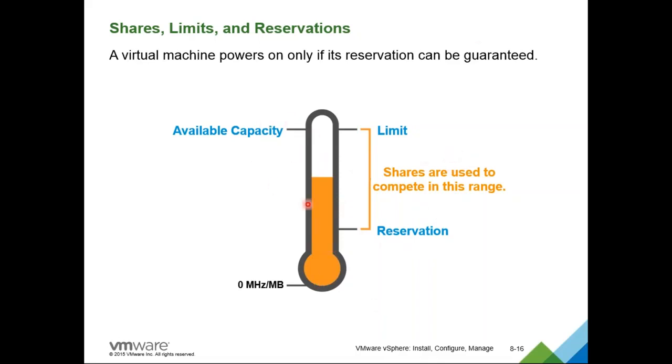So out of total 100% of available capacity, we are reserving 25% of resource, and we are limiting 90% of resource out of total available capacity. In between we are using shares using this.